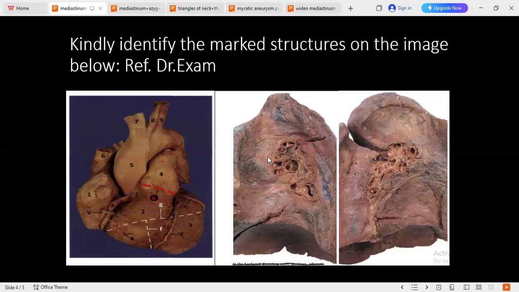Okay. And if you could tell me, in which bronchus, right or left, a foreign particle will lodge if a child aspirates it? Yes, ma'am. It's the right side. And why? It's short and straight.